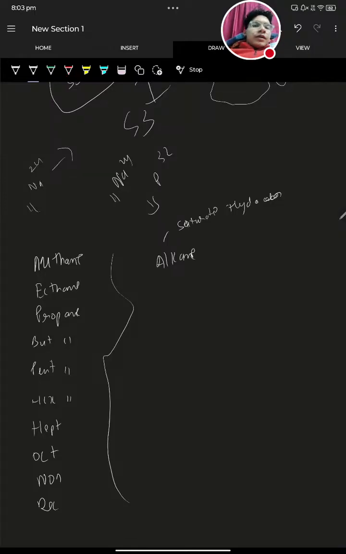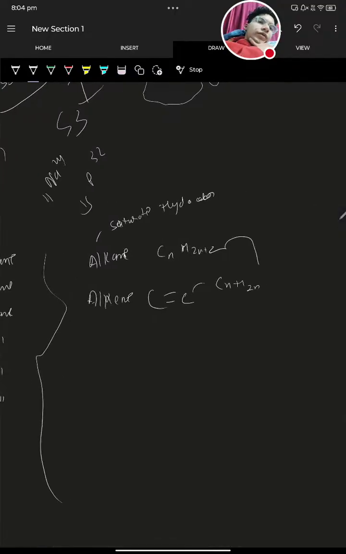Okay. So alkane is there, which has formula CnH2n plus 2. Then alkene is there, which has a double bond in a carbon, and this formula is CnH2n, and 2 got reduced here because a double bond takes two hydrogen.